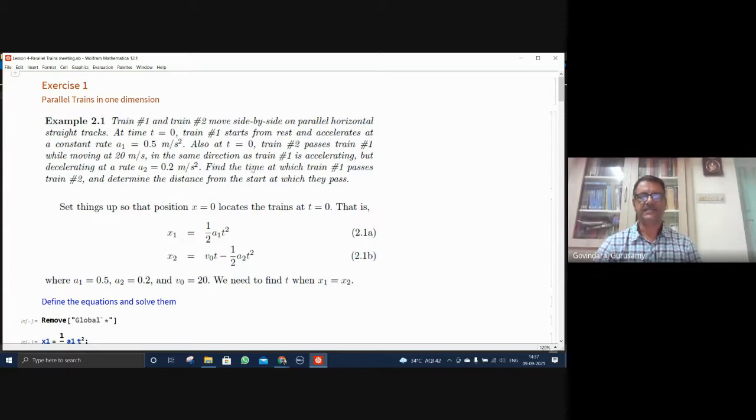Now the issue is that we have 2 parallel trains that are moving side by side. Is it okay?